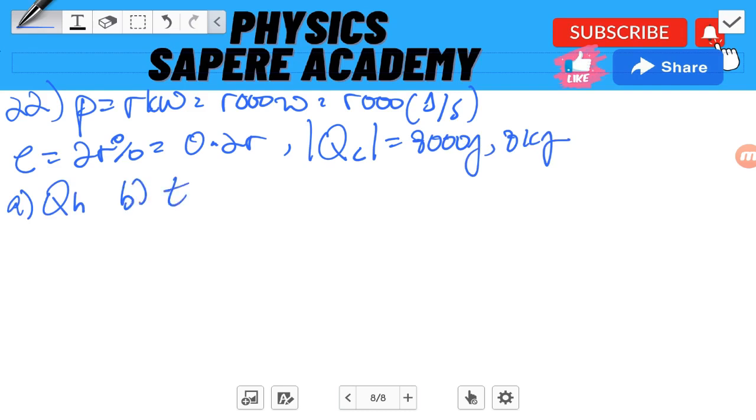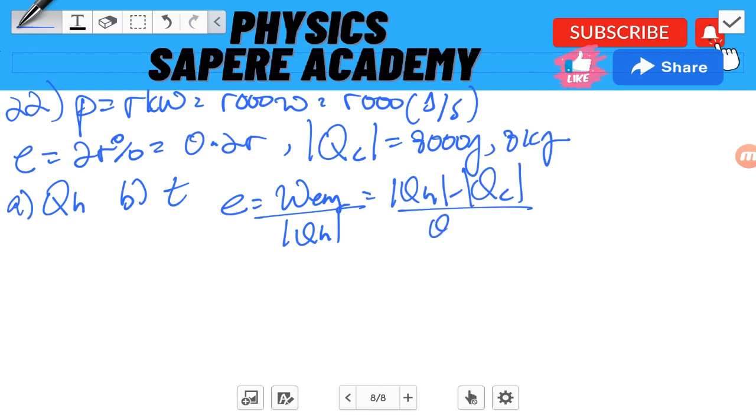Now for any kind of heat engine, the efficiency E can be given as what we gain, that's the work done by the engine, over what we give, which is QH. But we know that the work done by the engine is QH minus QC, over QH, right? Which simplifies to 1 minus QC over QH.